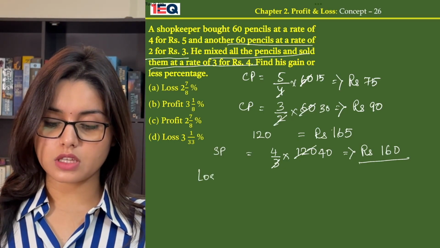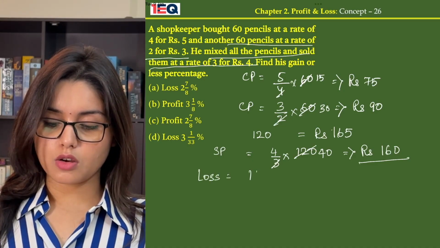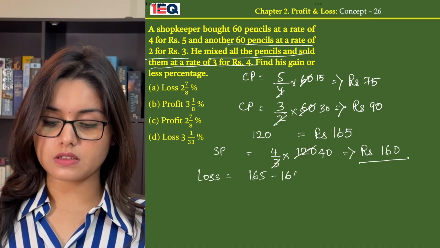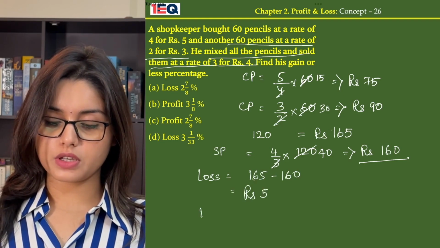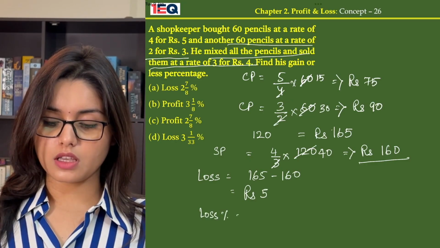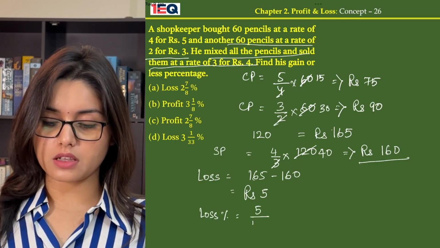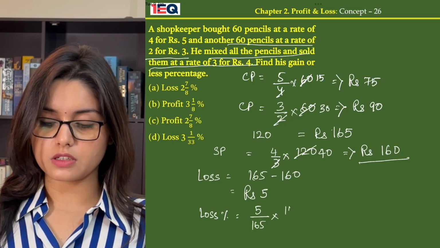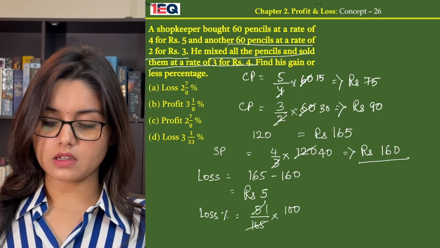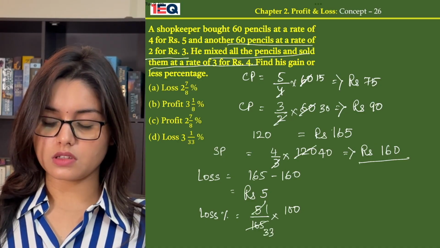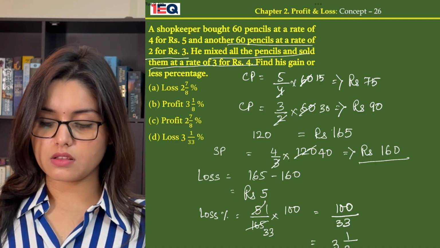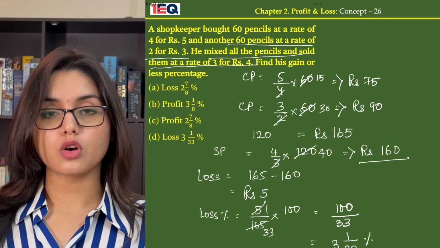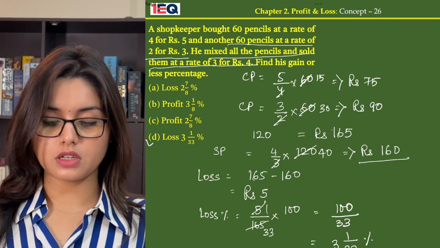So loss amount equals to cost price minus selling price, that is rupees 5, and loss percentage equals to loss by cost price into 100. 1s are 33s are, that is 100 by 33, which gives us 1 by 33% of loss. So our answer is option D.